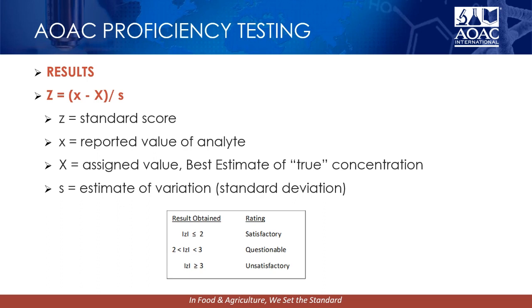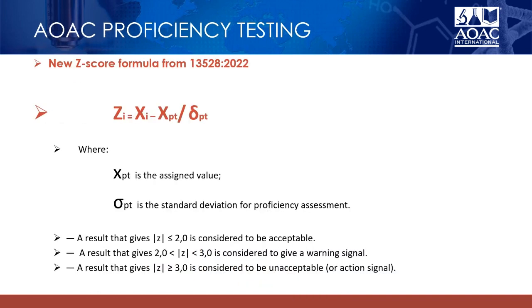Now, this z-score formula was based on 13.528. However, the new 13.528, which just came out, has a new formula. It's represented the same. It's just a little bit different statistically.